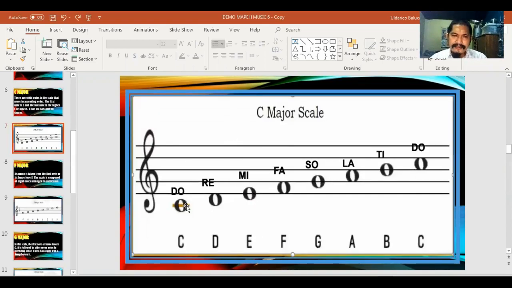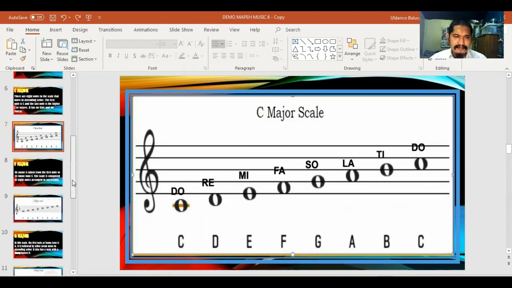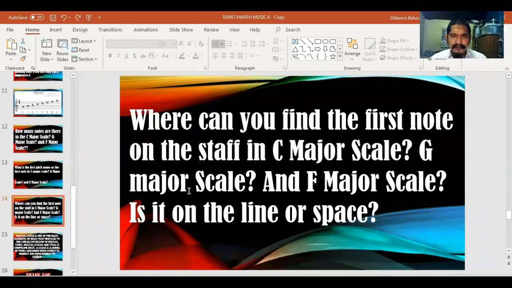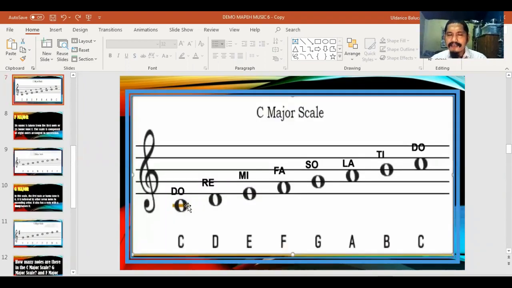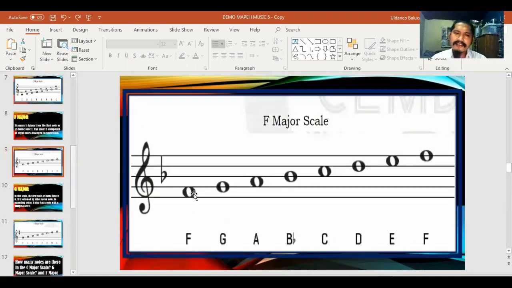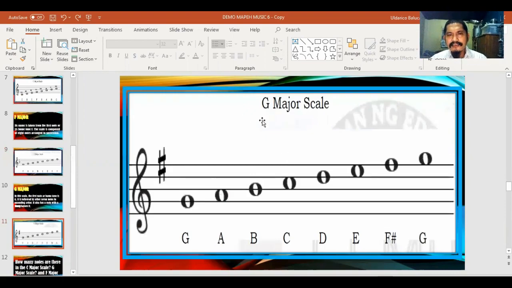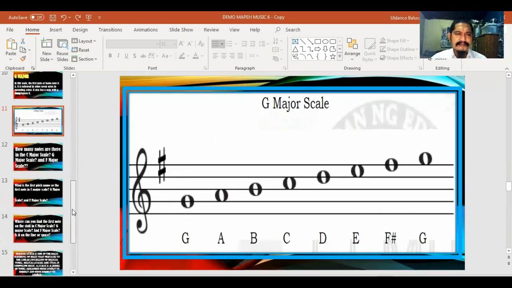On the C major scale, the first note is on the ledger line. Ayan. And on the F major scale, the first note is on the first space. Ayan. And the G major scale, the first note is on the second line. Alright?